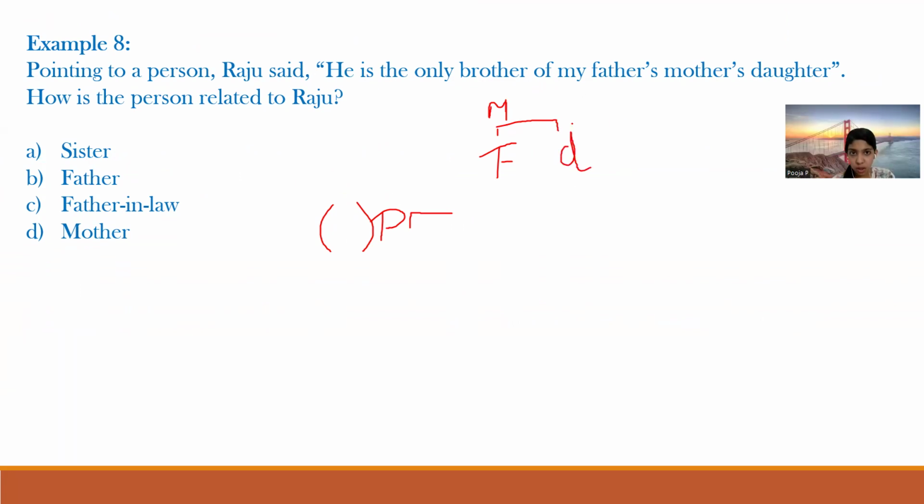Father's mother's daughter's only brother: this person has only one brother, and that one brother is my father. So the person pointed out here is my father, who is P. So the right answer is option B, father.